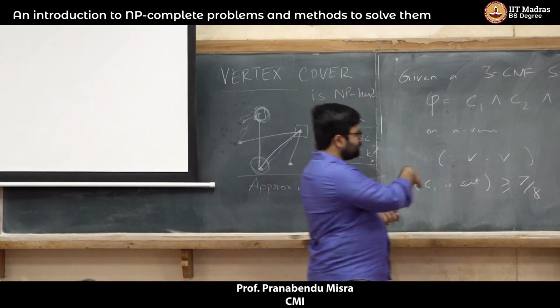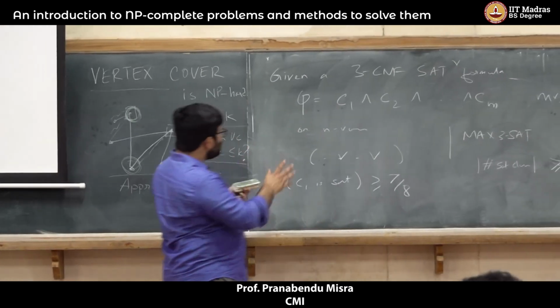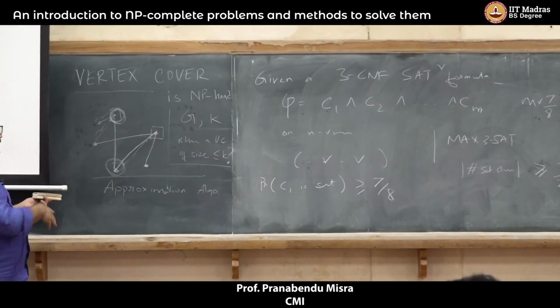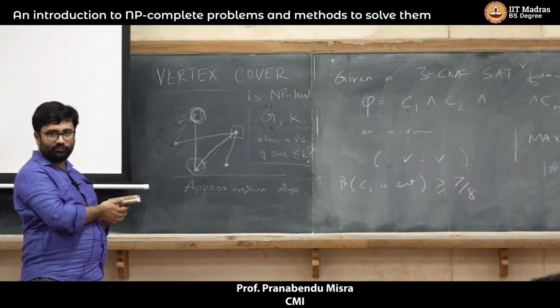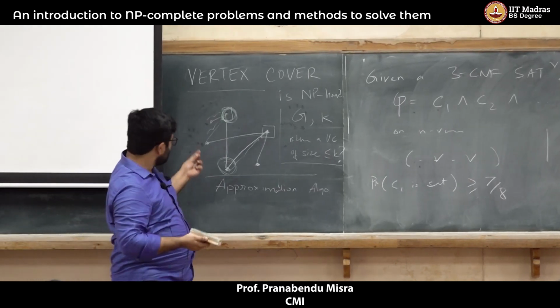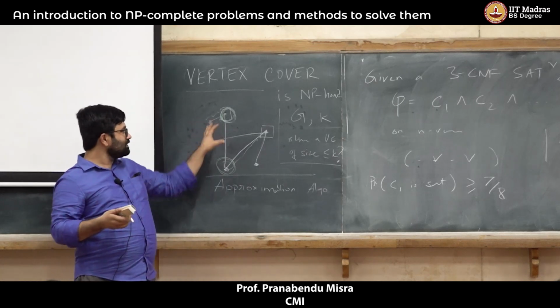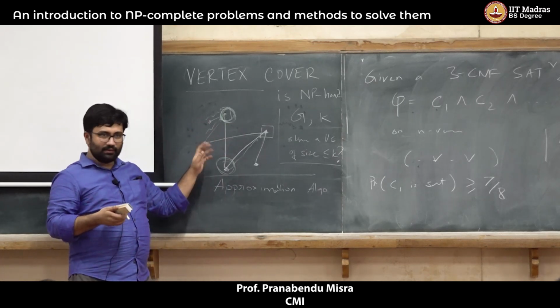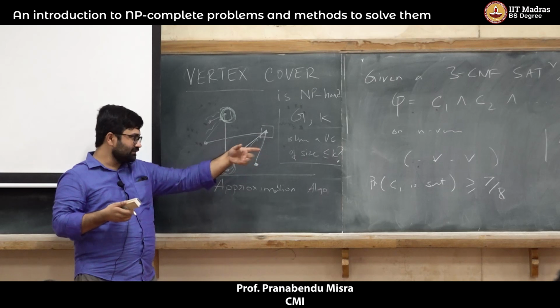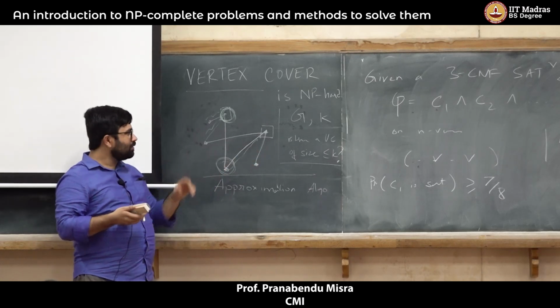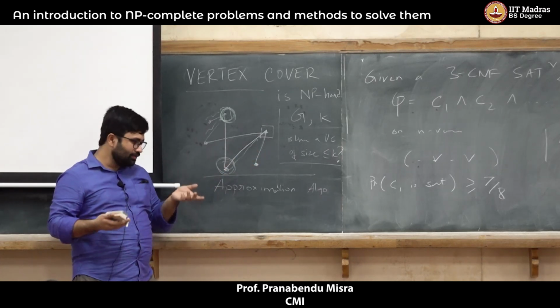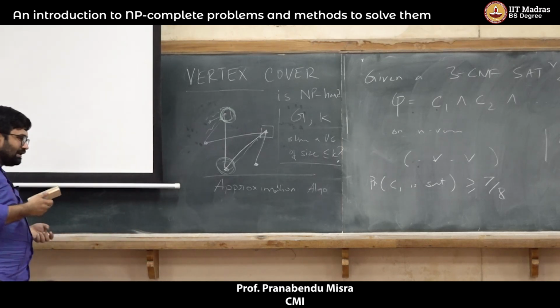Okay, so this is one notion of how you handle NP-hard problems. One other thing I should mention, which we will not go into, is that these things I stated sort of combinatorially: pick some edges like this, set some things randomly. But most of the time, all these problems are solved using so-called linear programming methods.